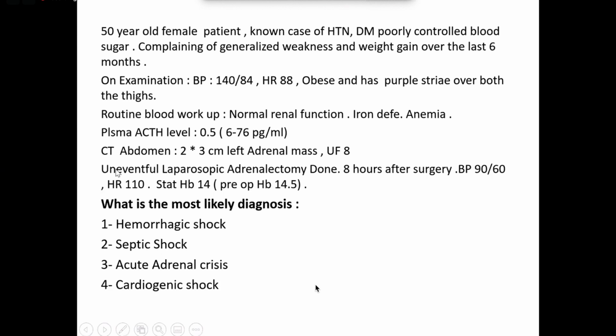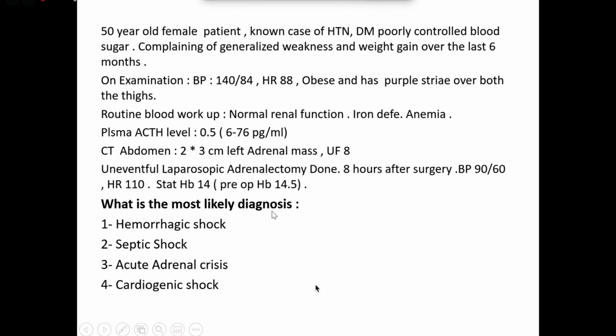So the patient was taken to the OR, and an uneventful laparoscopic adrenalectomy was done. 8 hours after surgery, her blood pressure is 90/60, heart rate is 110, hemoglobin 14. Before the surgery it was 14.5.